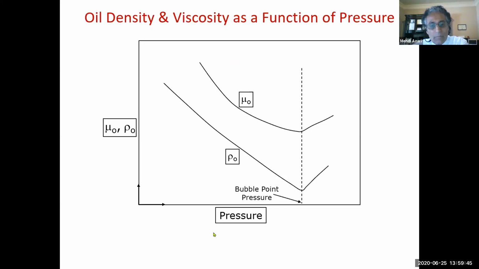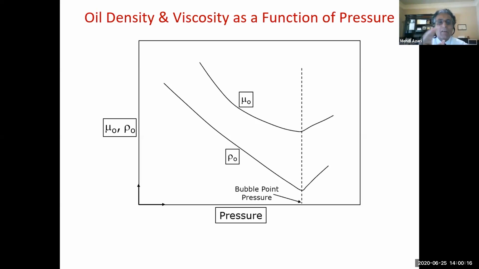So if you plot pressure versus viscosity or density, viscosity is here. As you increase pressure, viscosity goes down. Usually when I'm in front of an audience, I ask them why viscosity goes down as you increase pressure, because I already said that once you increase pressure, these molecules get together, so that causes more friction.